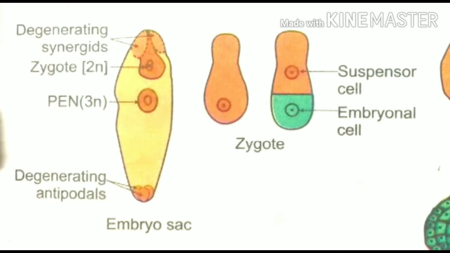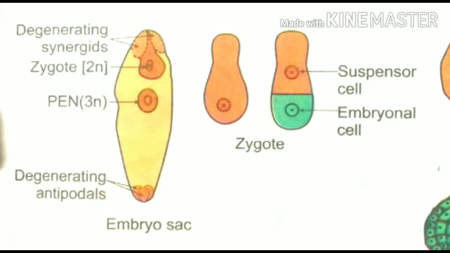We know that in angiospermic plants double fertilization takes place. It means two male gametes are formed.